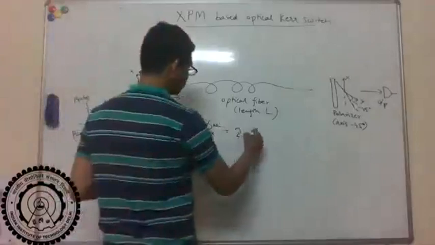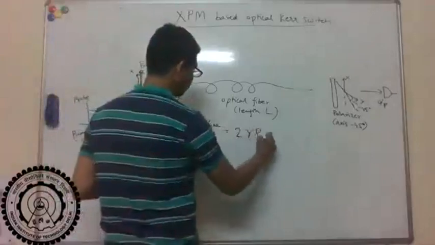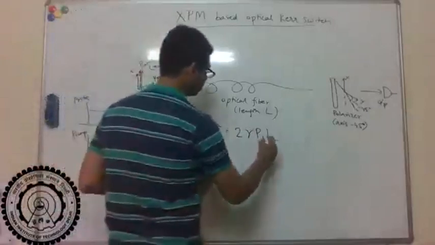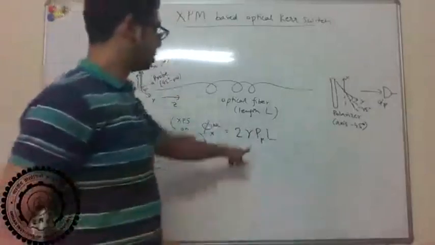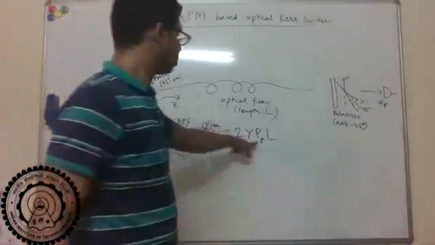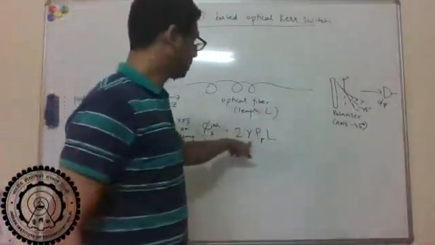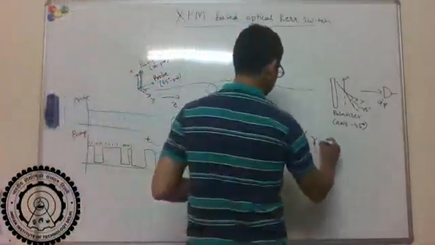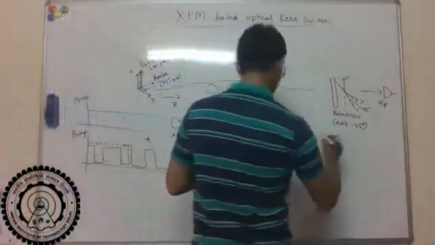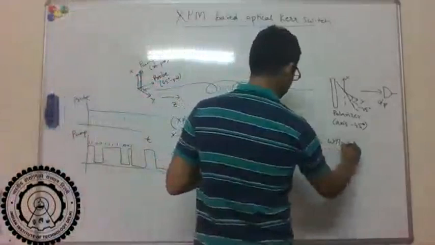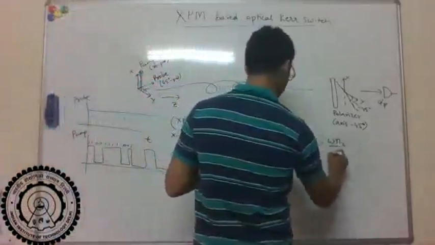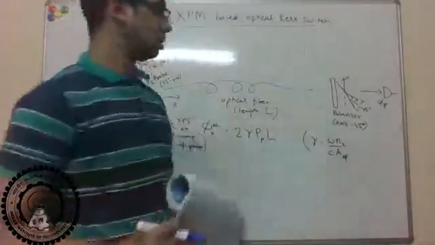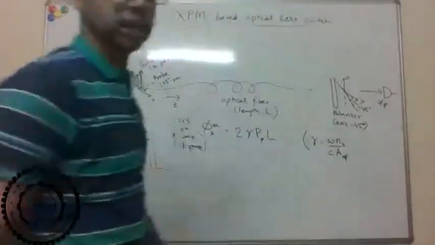Right, we can write the cross phase modulation as 2 gamma P L. P is the power in the pump, L is the length, and gamma is this effective nonlinearity, if you remember. So gamma is omega times this nonlinear refractive index n2 divided by c times the effective area.